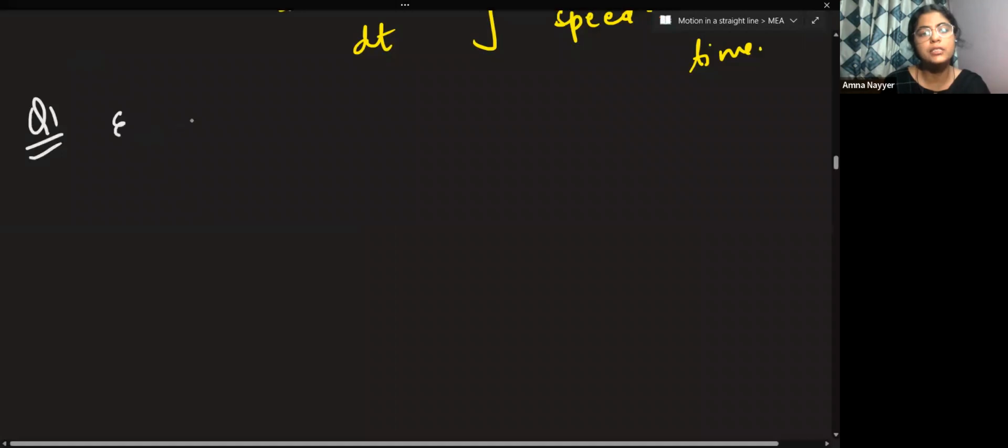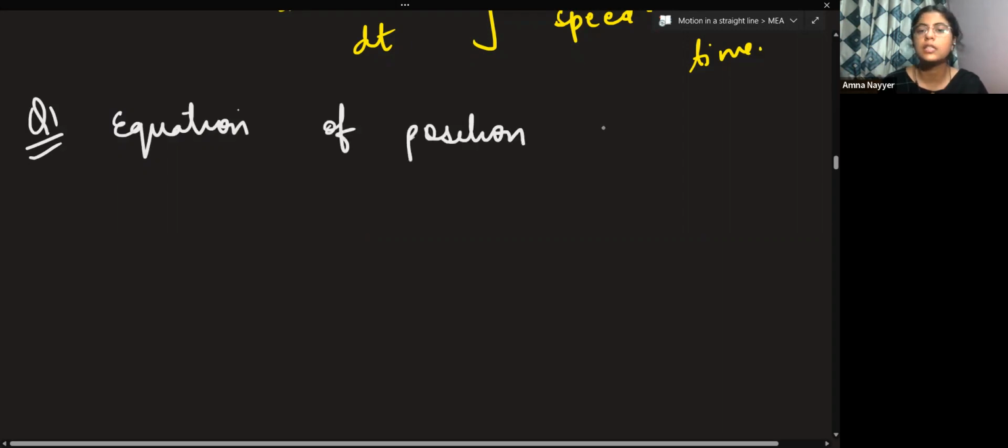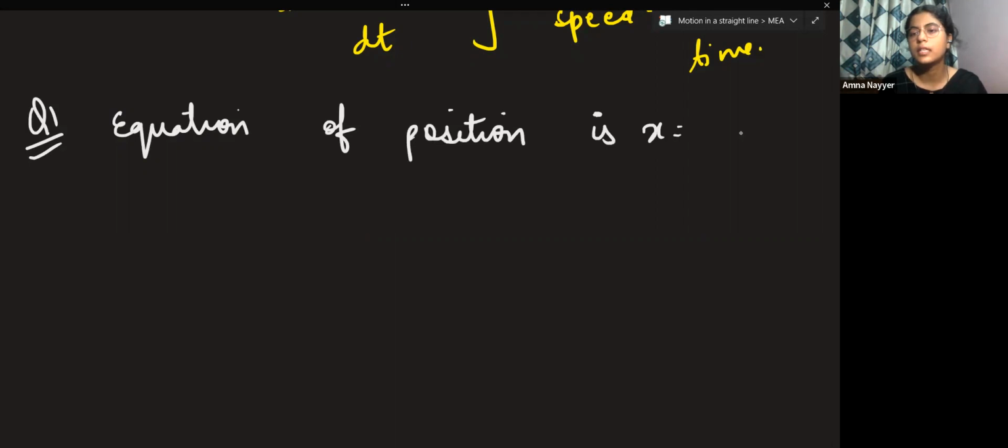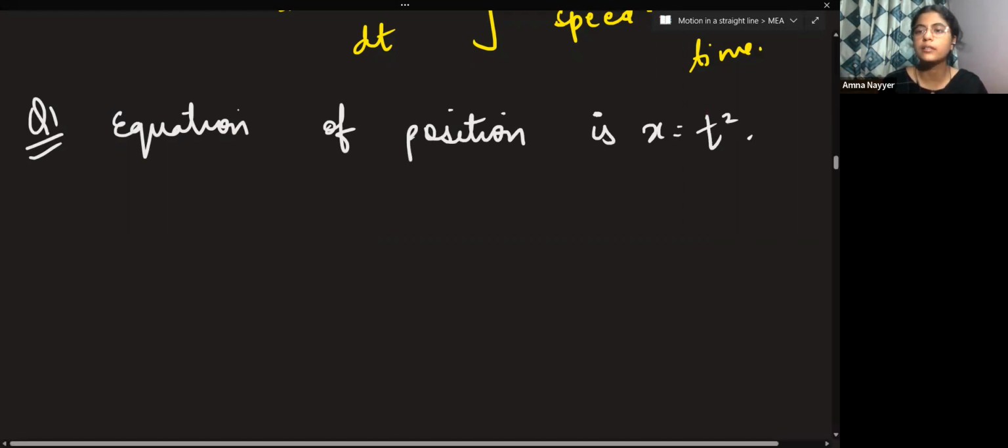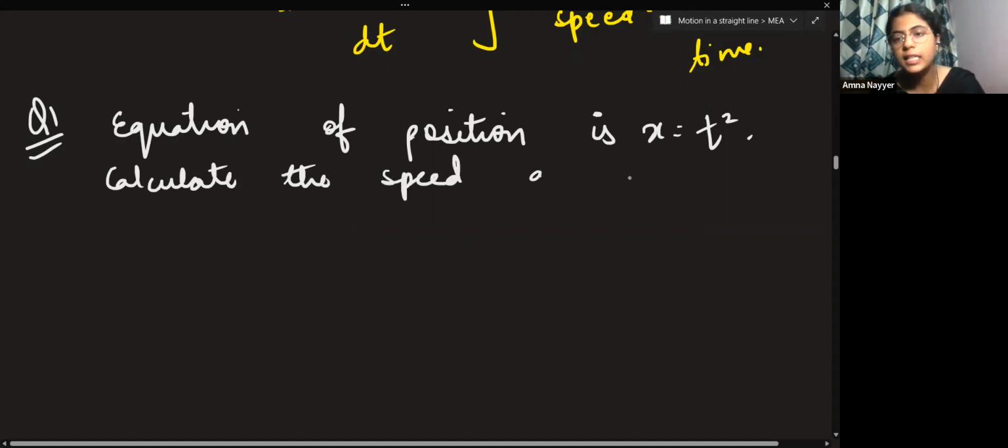For example, say the equation of position is x equal to t squared. This is the position equation given. I am asking you to calculate the speed at t equal to 2 seconds.